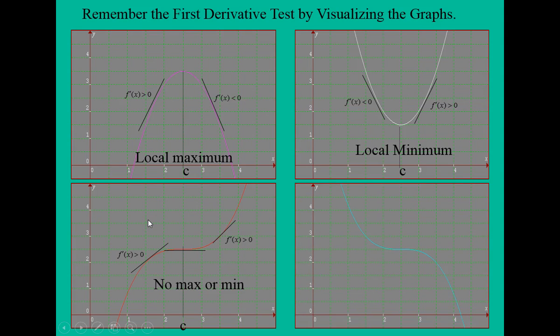And likewise for this graph, we would have a critical value at C. To the left of C, the slope of the tangent line is negative, and to the right of C, the tangent line is negative. So we do not have a relative maximum or minimum at that value.